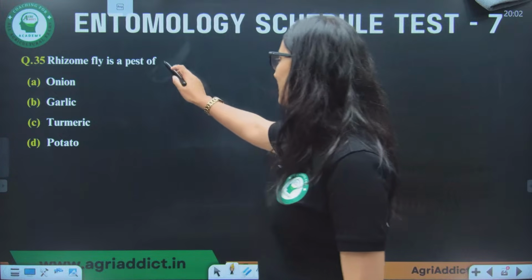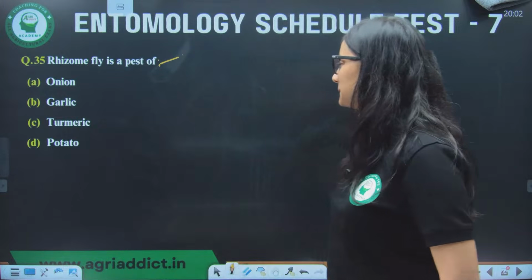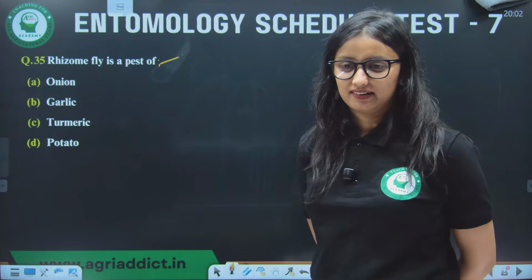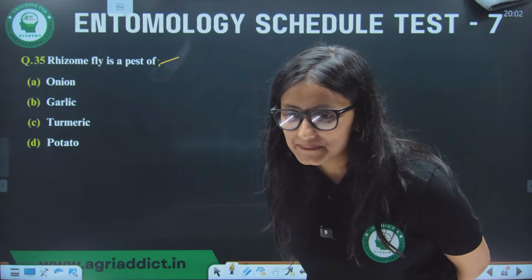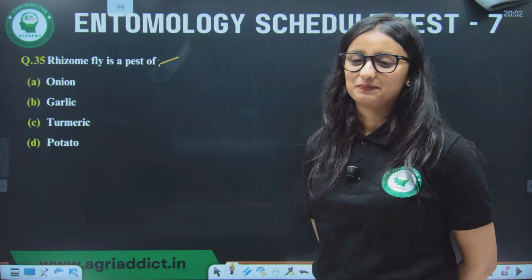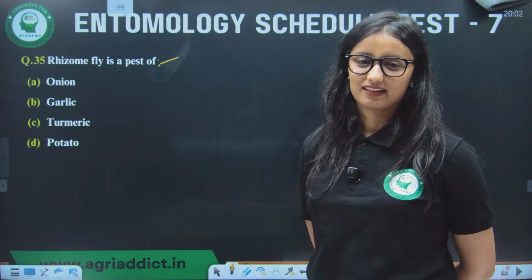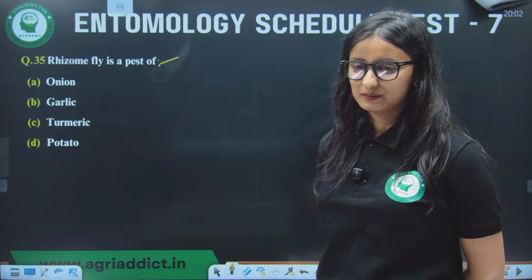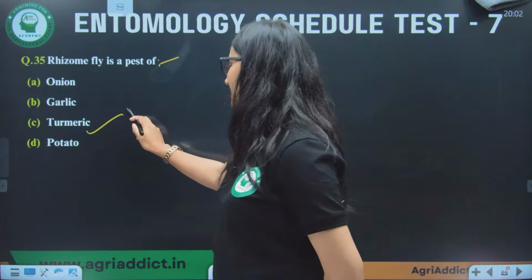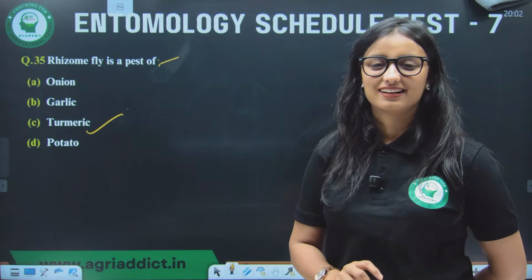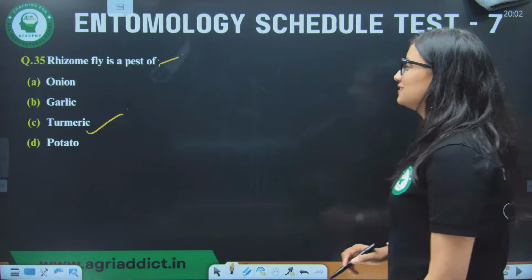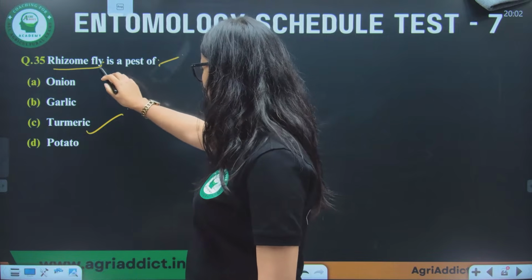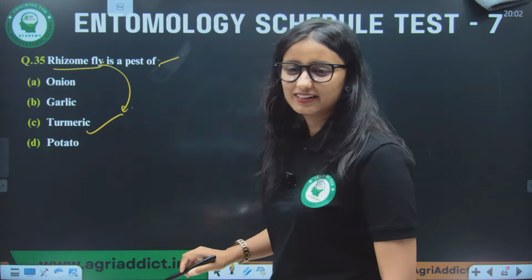Rhizome fly is a pest of what? C. C is the correct answer. Turmeric is the correct answer. So rhizome fly is attacking turmeric.